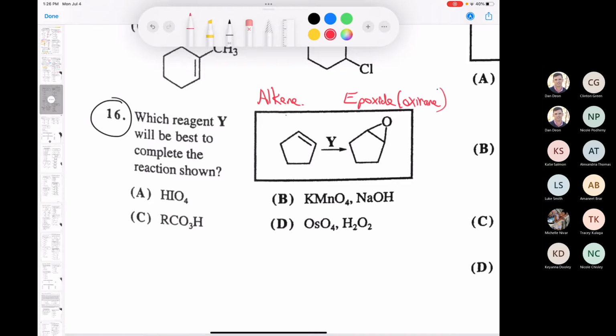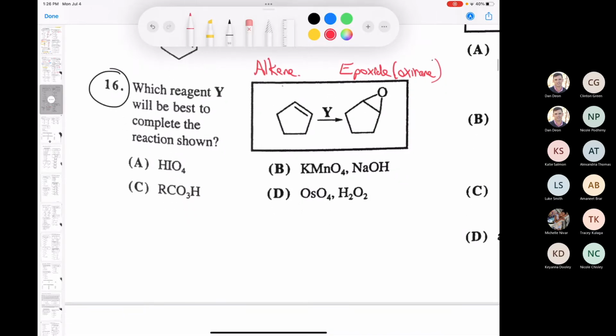In 16, how do you make an epoxide, a three-membered ring with an oxygen in it? Right, we've seen this only in one place ever before. It's when we were taking an alkene, like let's say you took this alkene that we're starting with here, and in step 1, we treated it with RCO3H, which is the same thing as MCPBA.